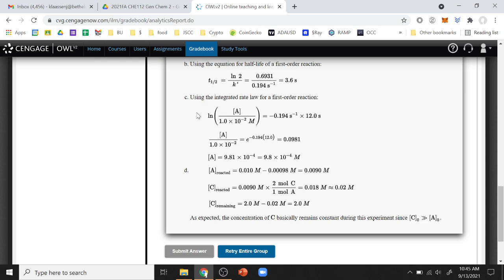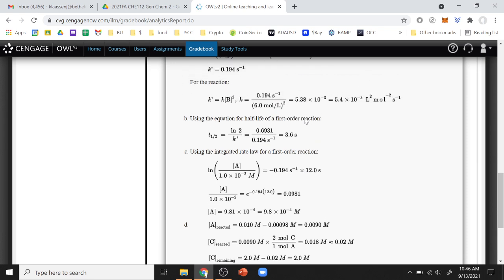Okay, do you understand why we're using the first order rate law here? The integrated first order rate law? Okay. So go ahead and write down the equation first, okay?